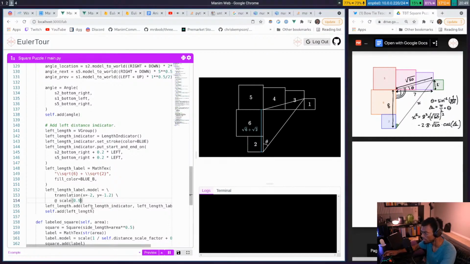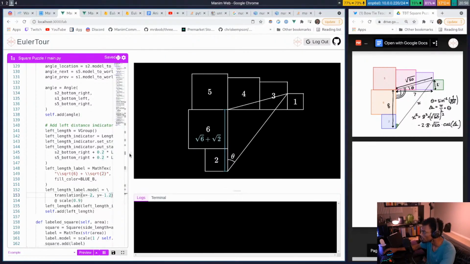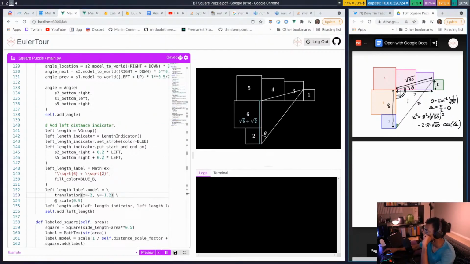I'll do 0.9. Okay, good. I like how that looks. So I'll have that.